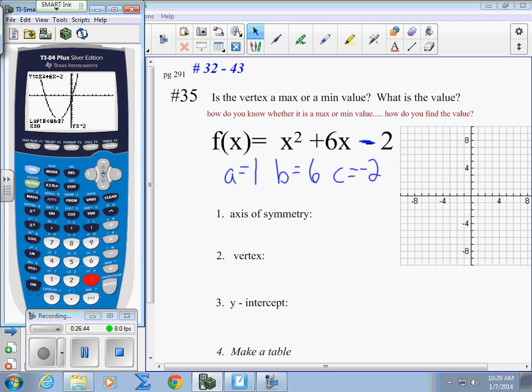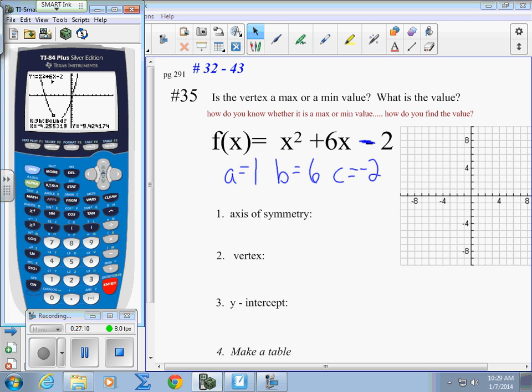And you'll see I have a little blinking bug up here. I want to move it to the left side of the vertex because it says left boundary. So I'll hit this button until the blinking bug gets on the other side of the vertex. When it's there, I'm going to hit enter.